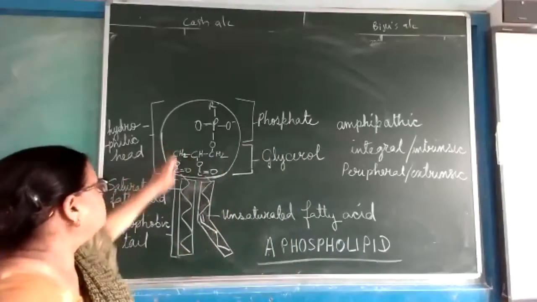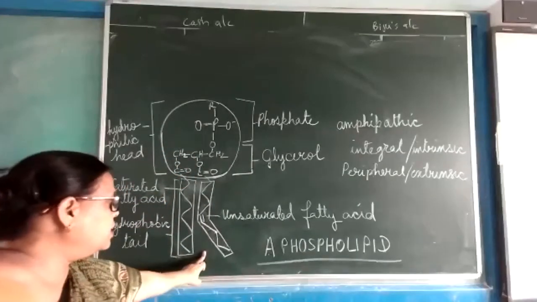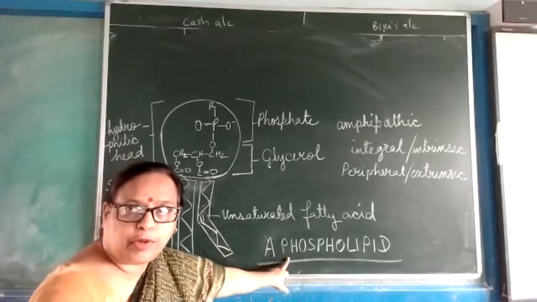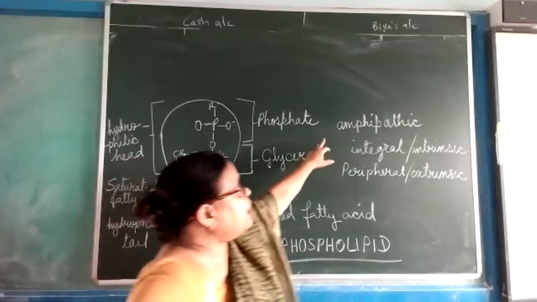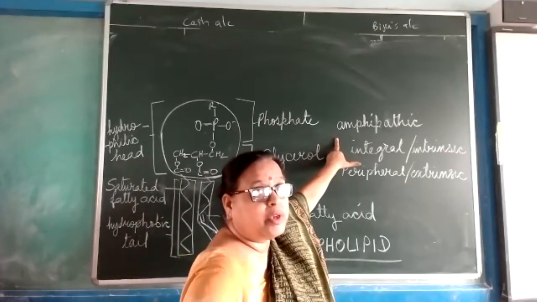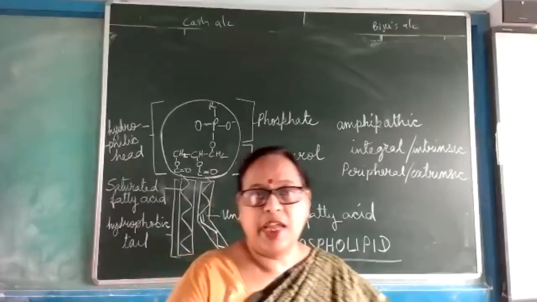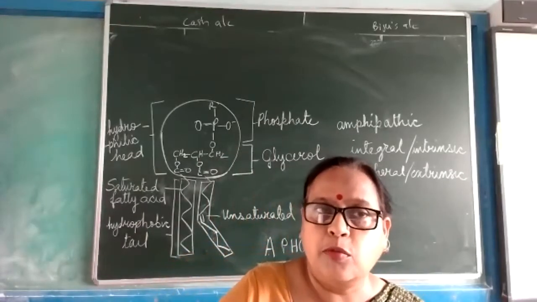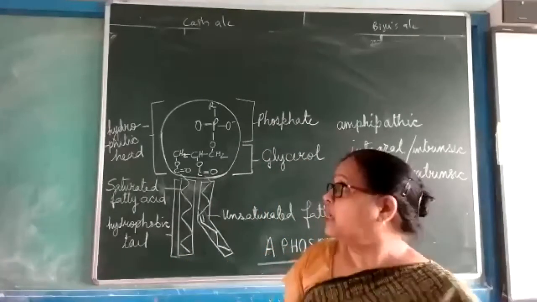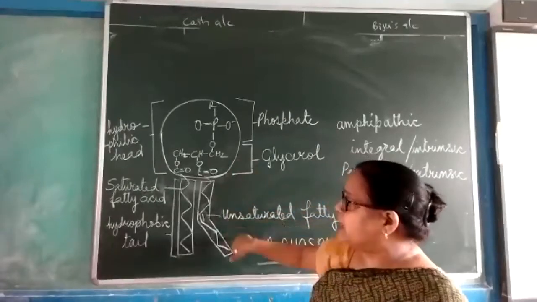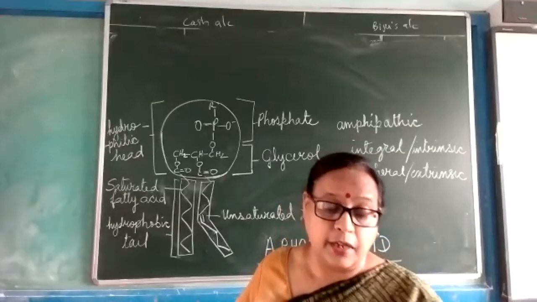So these are the two regions, hydrophilic and hydrophobic region in a phospholipid molecule. That is why this phospholipid is called amphipathic. This can also be one question for give reason: why the phospholipid molecules are named as amphipathic molecule. You have to write that they have both hydrophilic and hydrophobic regions, so they are called amphipathic.